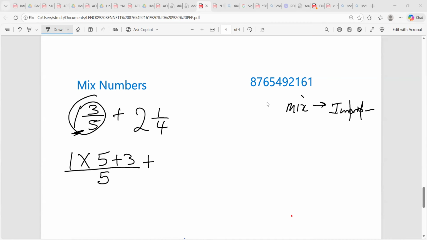Where's the whole number there? What's the whole number there? The whole number there is 8. 8. All right. Thank you so much. Ariana, what's the whole number there? Repeat, sir. In 2 1/4, what's the whole number? 9, sir.